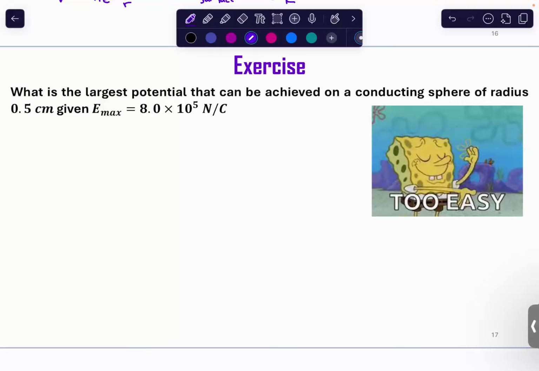What's the unit for newton per coulomb? What's the joule per coulomb? Volts. So I wonder if you simplified this or if you did it the hard way.